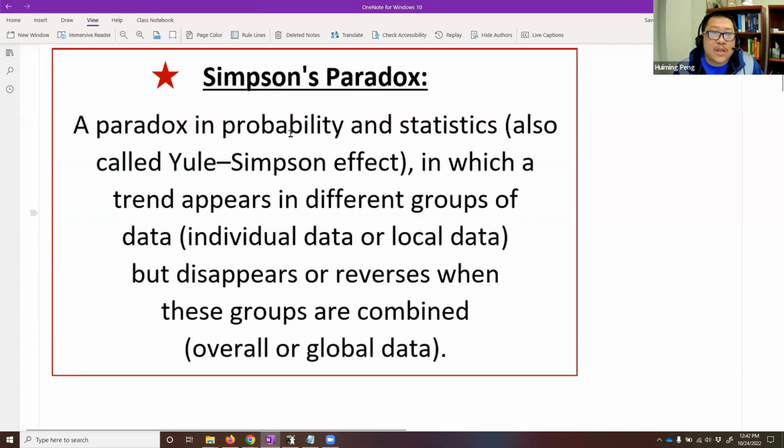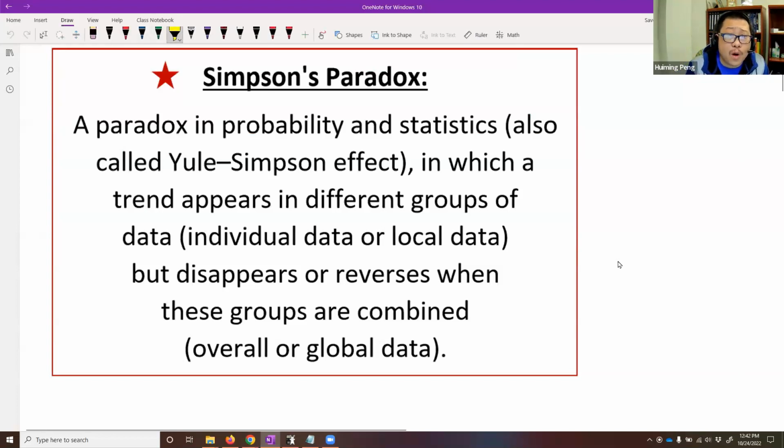And here, Simpson's paradox is a probability or statistics phenomenon in data analysis, in which a trend or a pattern appears in different groups of data, like individual data or local data, but disappears or reverses when these groups are combined.